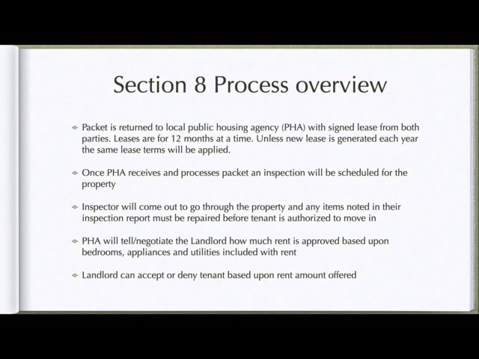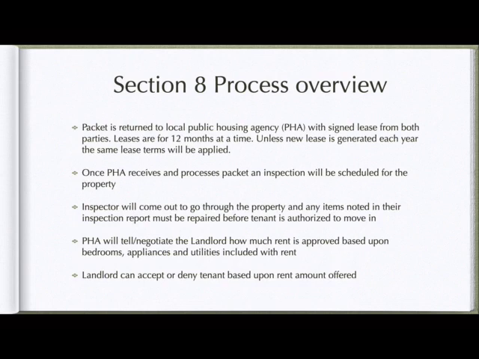Now, once the property is passed, at the PHA office there's a person who handles rent negotiation. Sometimes they'll negotiate, but sometimes they're just like, here's the amount of rent that we can pay. Now, let's just say that you have a place and you've got it out at fair market rent. There are several things that go into the rent on this one, by the way.